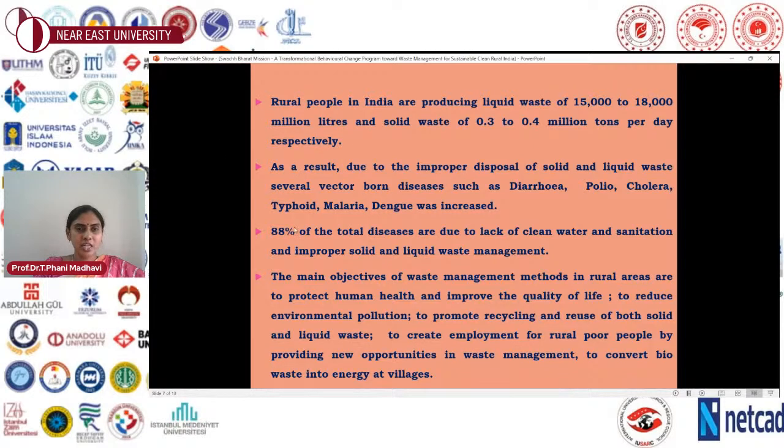So 88% of the total diseases are due to lack of clean water and sanitation and improper disposal of solid and liquid waste management.